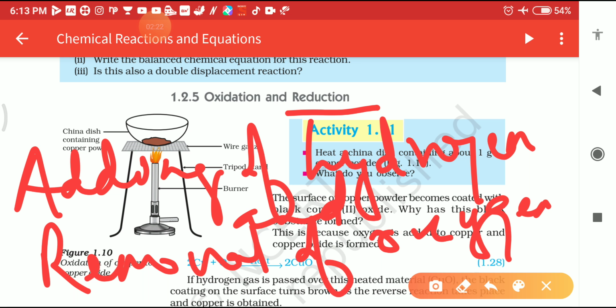Reduction means reduced. So the definition of reduction is addition of hydrogen and removal of oxygen.